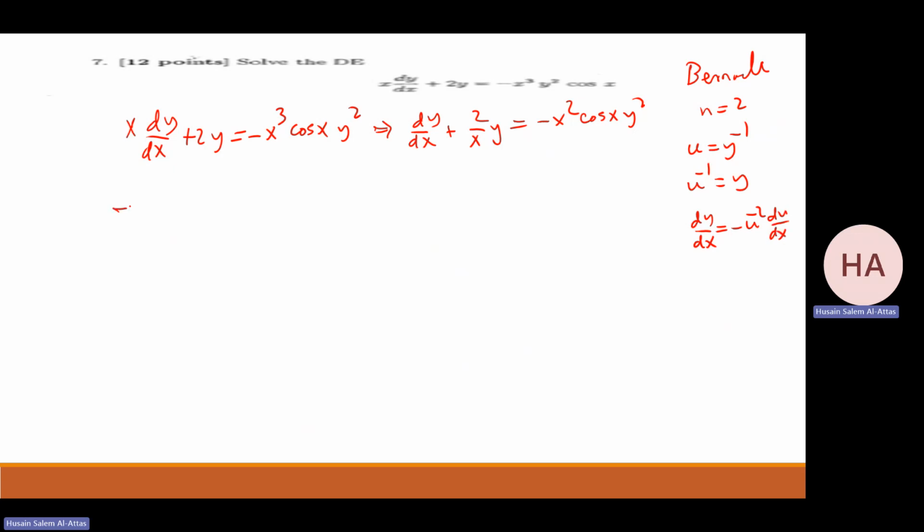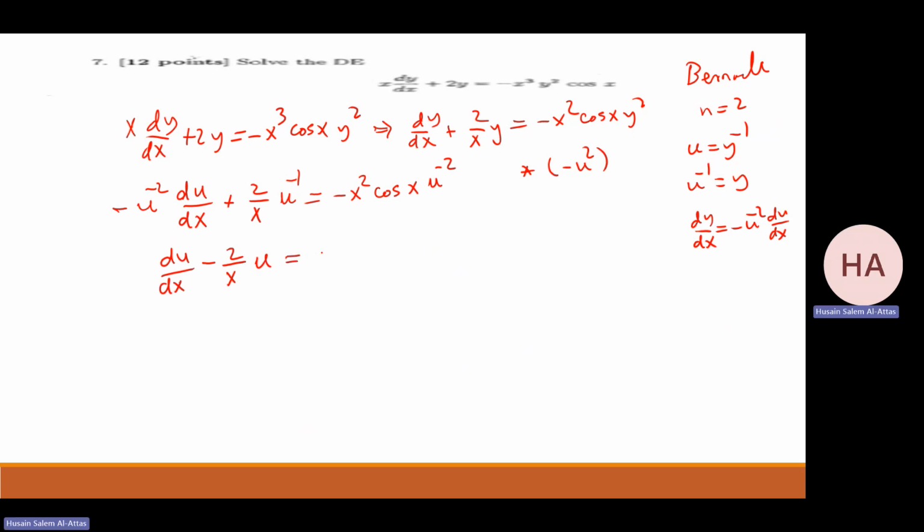Plug it, I have minus u^-2 du over dx plus 2 over x u^-1 equal minus x squared cosine x u^-2. Multiply by minus u squared. I'm getting what? du over dx minus 2 over x u equal x squared cosine x.